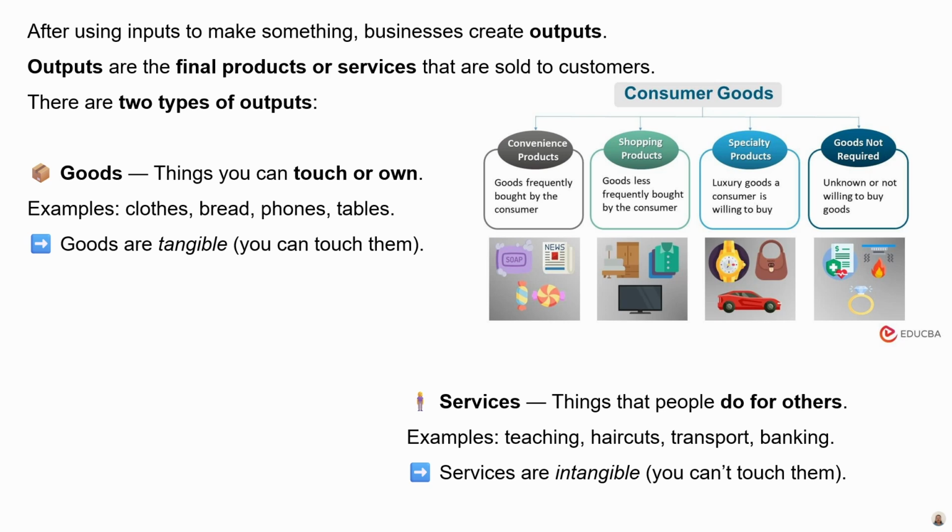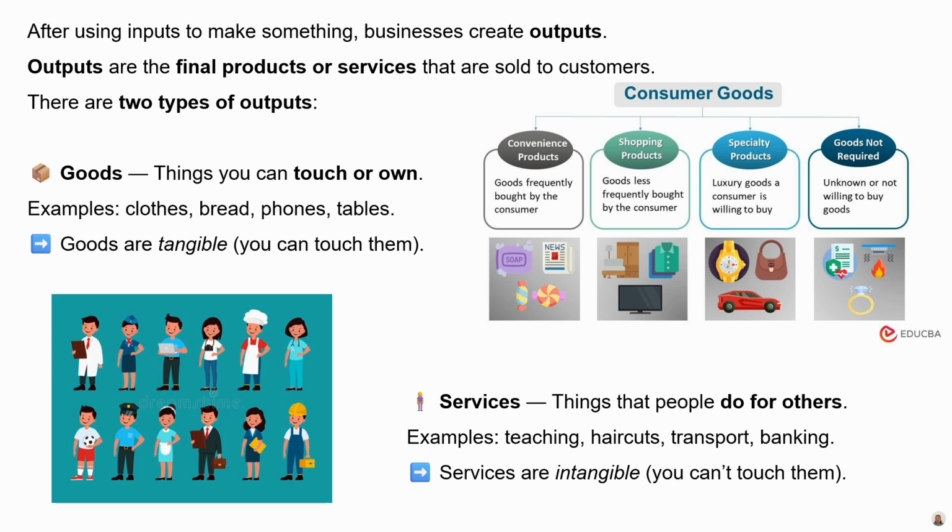So, examples of this are clothes, breads, and cell phones. And then the second one is services. Now, this is things that you do to help other people. These are intangible services. And examples of services offered are teaching, haircuts, hairdressers, transport services, bank services, computer technicians, etc.